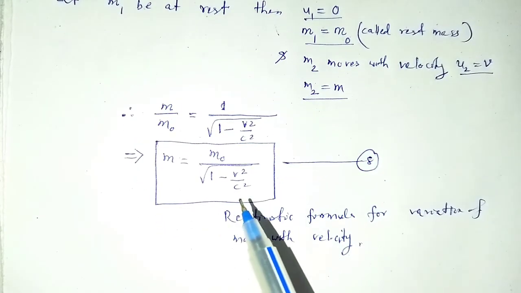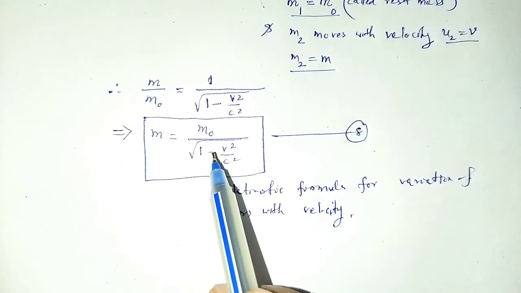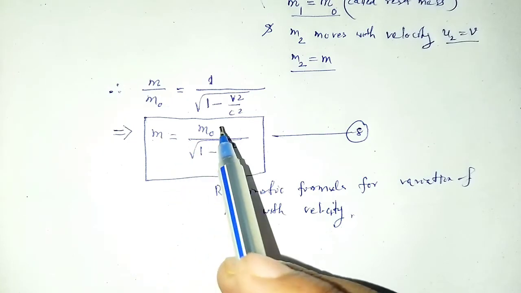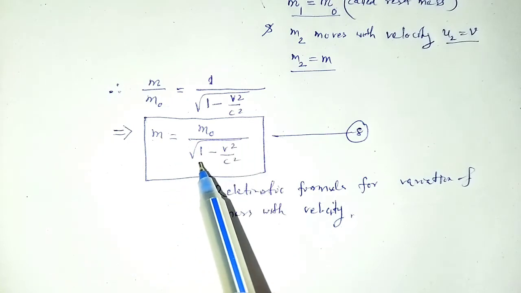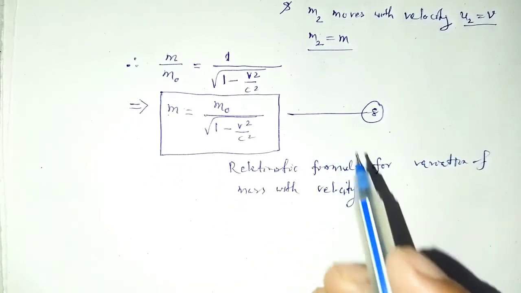From this formula, it is clear that the mass m, the relativistic mass, increases with the increase in the velocity of the body.